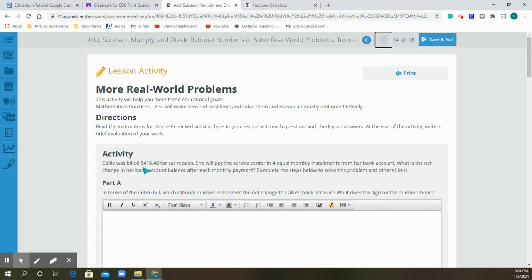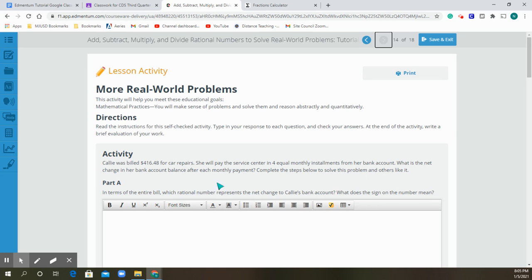So Callie was billed $416.48 for car repairs. She will pay the service center in 4 equal monthly installments from her bank account. What is the net change in her bank account balance after each monthly payment? So how much does it change after each payment?